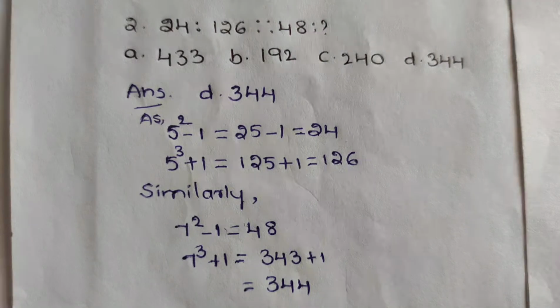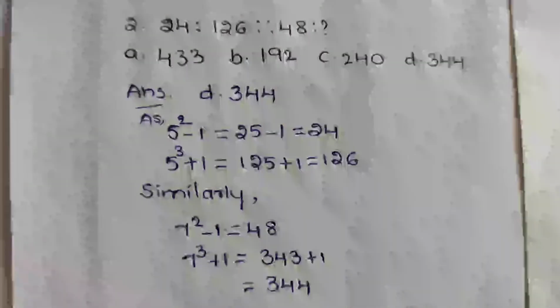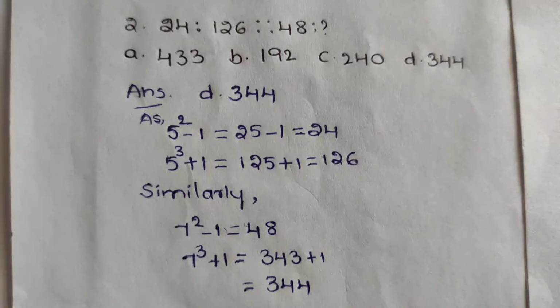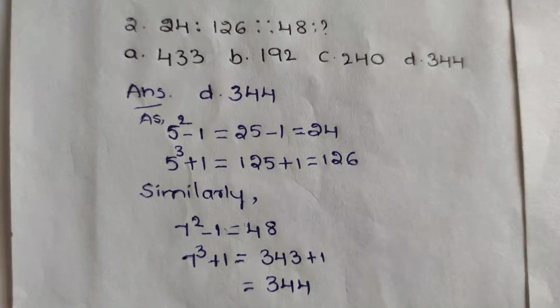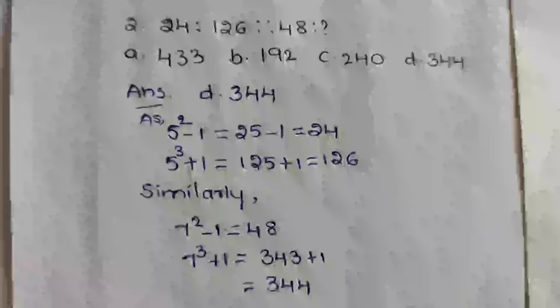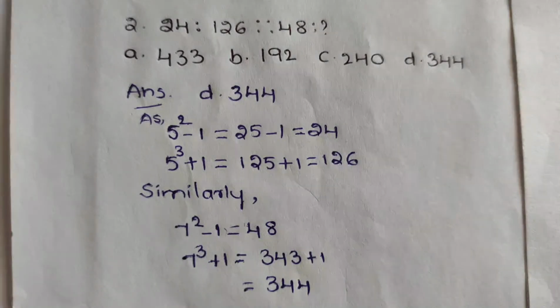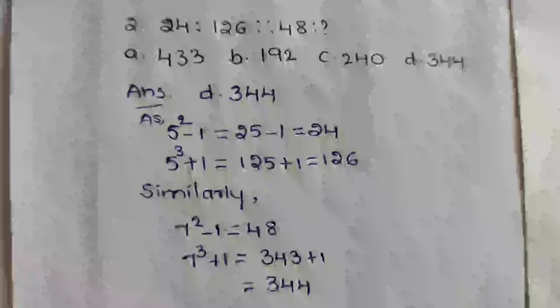So here also, consider the relation: 5 square is 25, right? If we take out 1 from 25 we get 24. Similarly 5 cube is 125, and if you add 1 to that 125 you get 126.